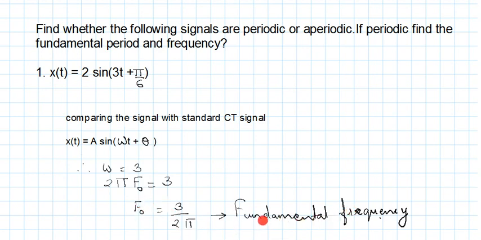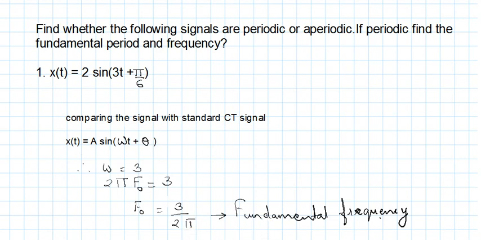This way I calculate the fundamental frequency because it's a sinusoidal signal. A sinusoidal signal repeats after a fixed time interval t naught, and we know that this signal is periodic. Hence we obtain the fundamental frequency f naught, which is 3 by 2 pi. Here f naught is nothing but the fundamental frequency of the given signal.